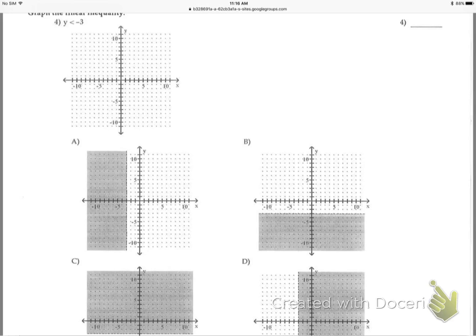It just has one letter, so we know it's not slanted at all. It's perfectly flat or perfectly vertical. How do you know which one? Which axis does it have to go through? The y-axis at negative 3. So that's right here, because that's negative 3. Down 3 on the y-axis.